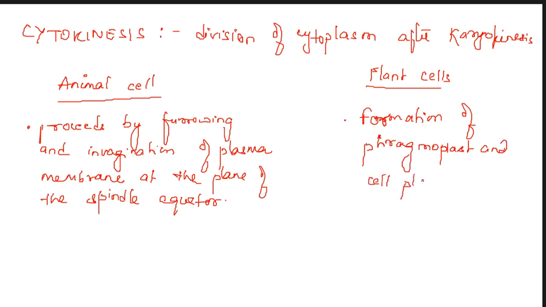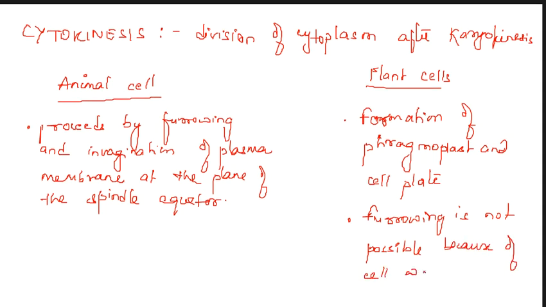Cell plate in case of plant cells, because furrowing is not possible because of the presence of the rigid cell wall. I'm just writing in short.